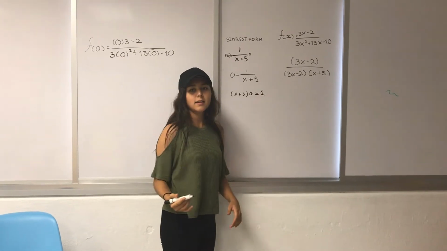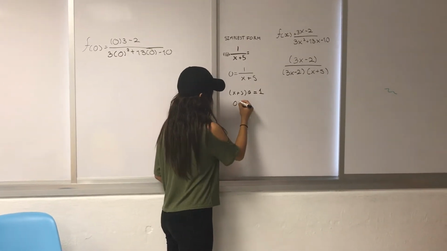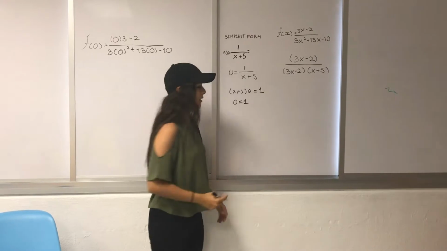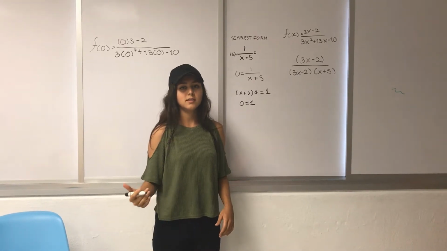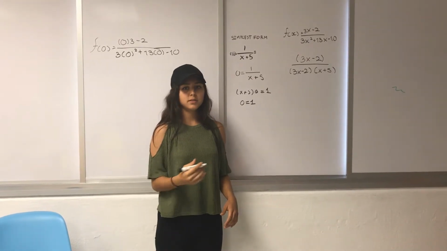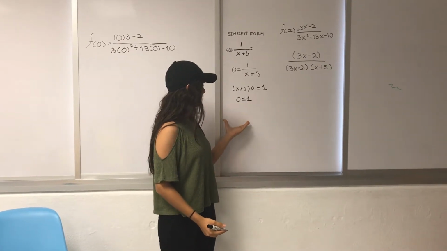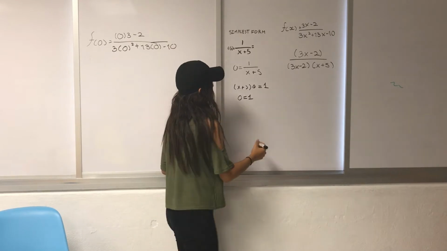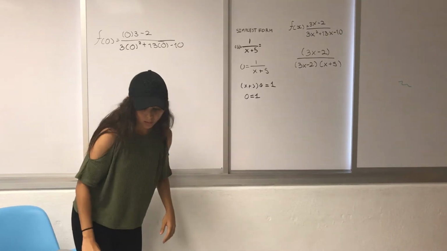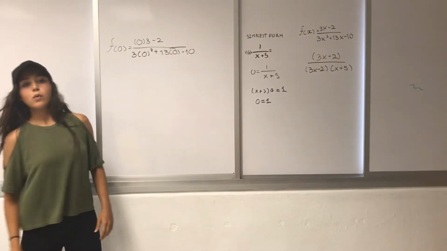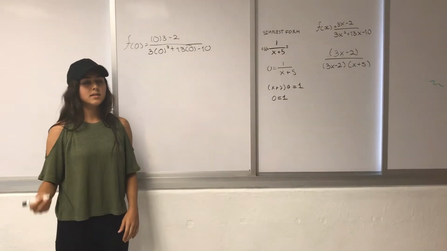Here we will get a contradiction. Therefore, there is no x-intercept. The graph will never touch anything in the x-axis. Now, where does the y-intercept occur? When x is equal to 0.